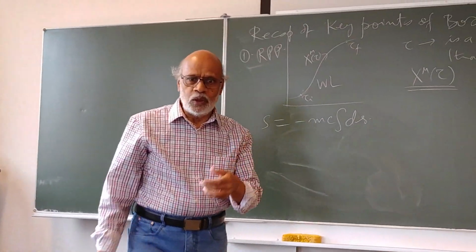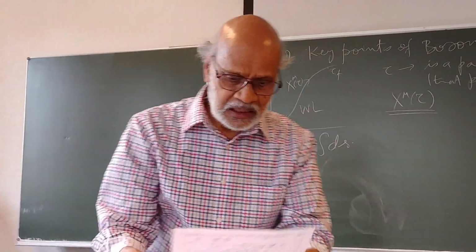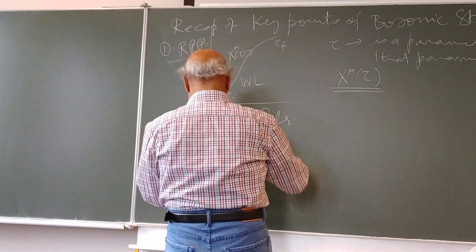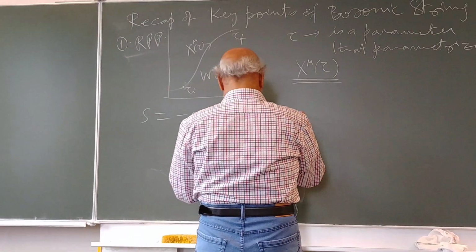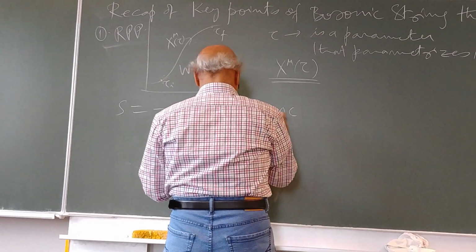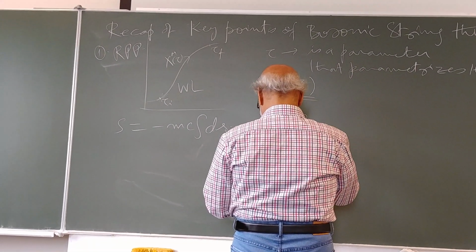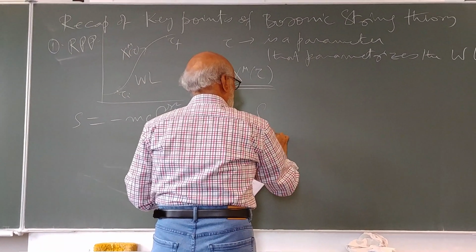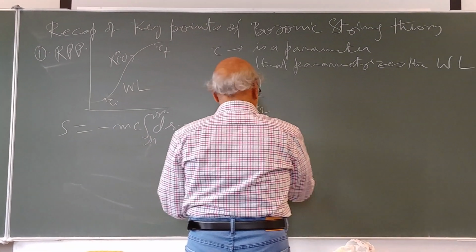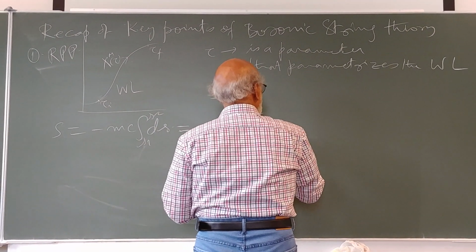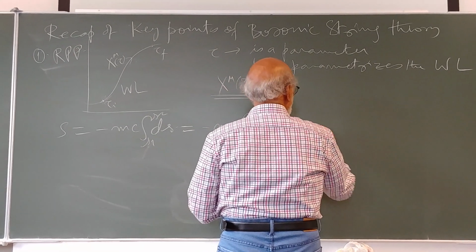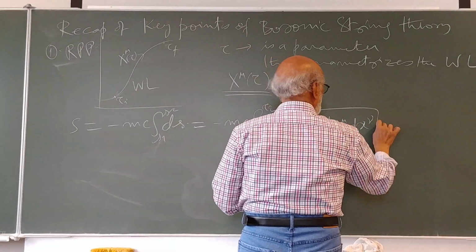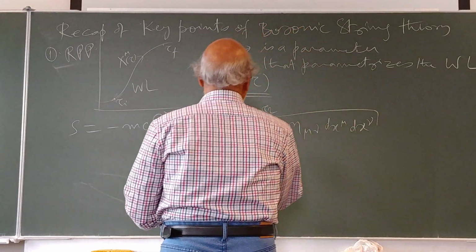So this is minus mc times the integral of ds between two points, from s1 to s2, which I could write as tau 1 to tau 2, and ds would be the square root of minus eta mu nu dx mu dx nu.